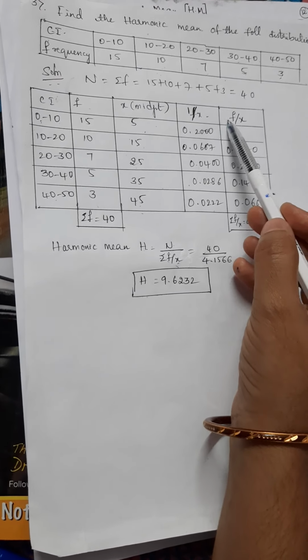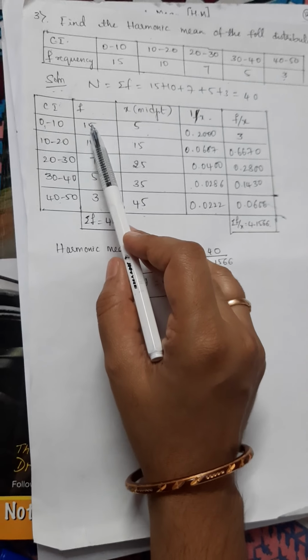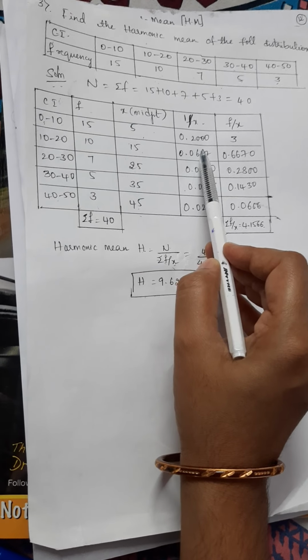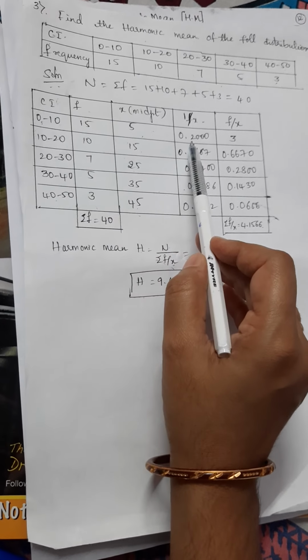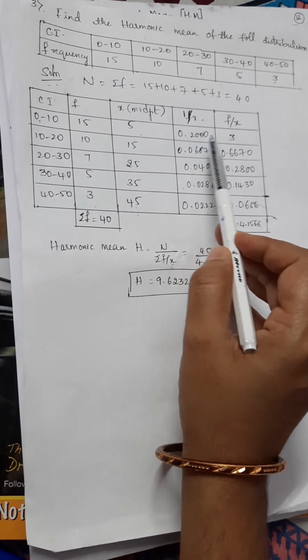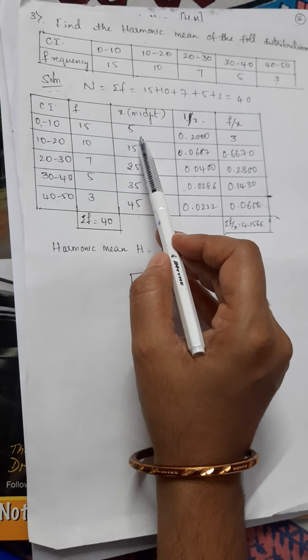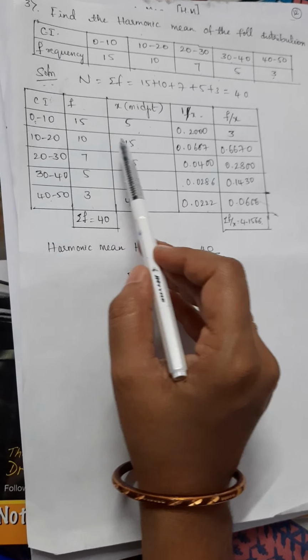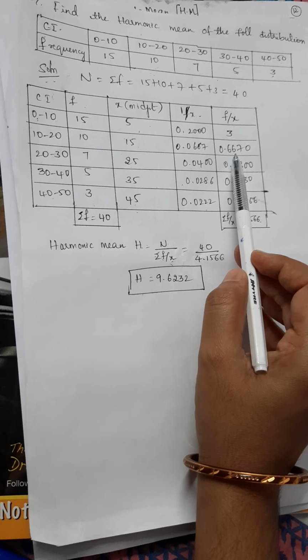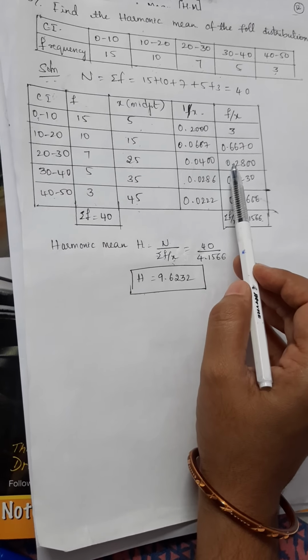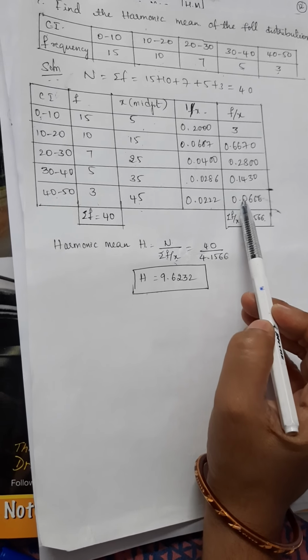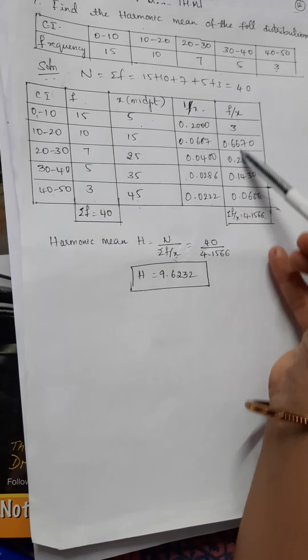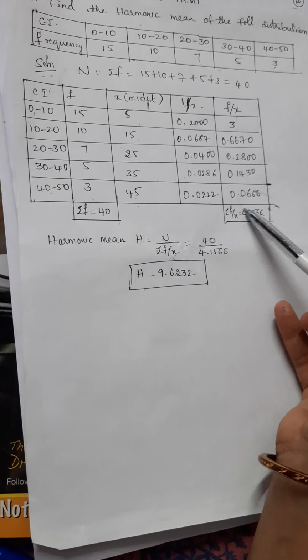Then I want f by x, f divided by x values. 15 divided by 5 is 3. 10 by 15 is 0.6670. 7 by 25. 5 by 35. 3 by 45. Then I want summation of these values, so add all these values.